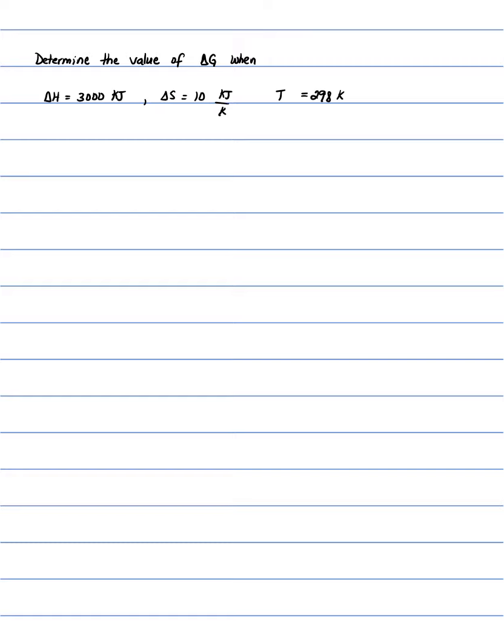So I have a problem here, and I'm going to start the problem by writing the equation. So we're calculating the value of the delta G. So you have a numerical value for the enthalpy, a numerical value for the entropy, and a temperature. So to calculate delta G, we just need to plug in the numbers in the equation and we can get the answer. Okay?